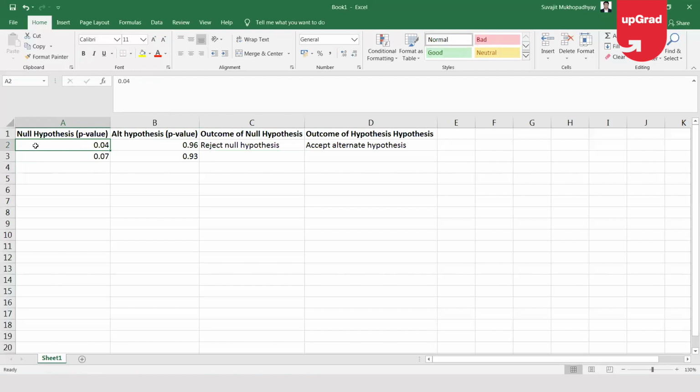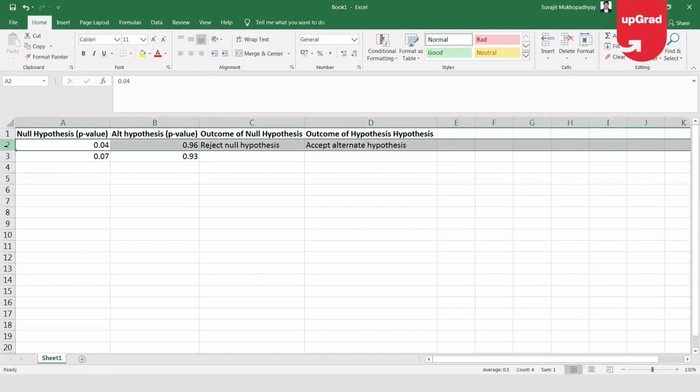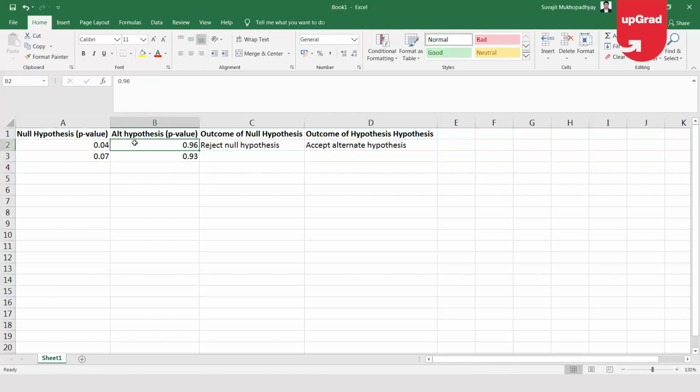So in scenario 1 or in row number 2, the p-value of null hypothesis is 0.04, which automatically means that the p-value of alternate hypothesis will be 0.96. So in null hypothesis, suppose it is now 0.07, which means alternate hypothesis is 0.93. Now what do we do?